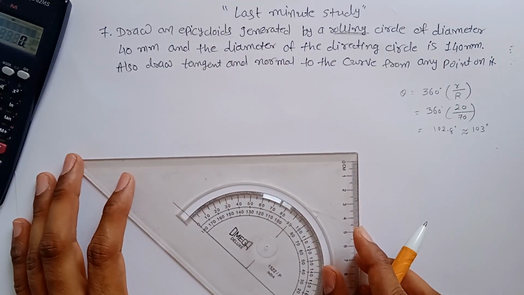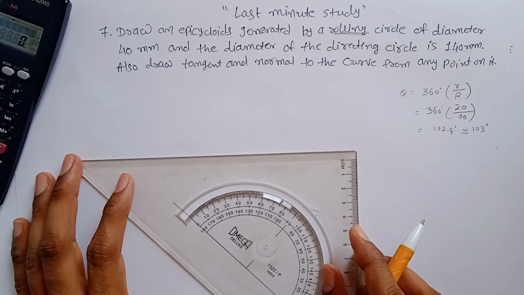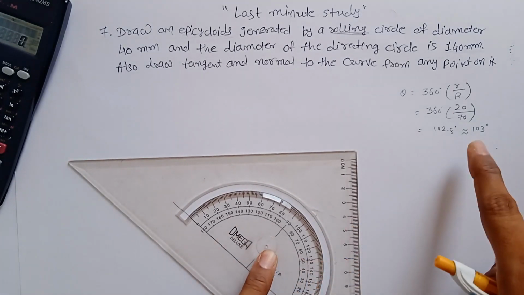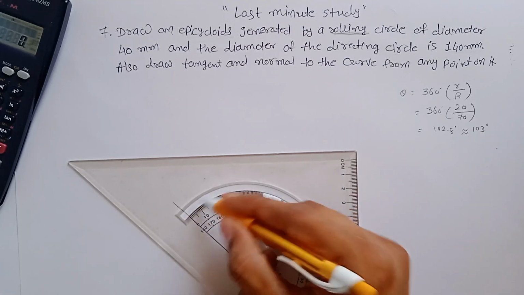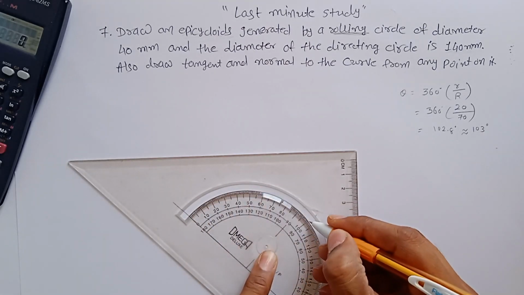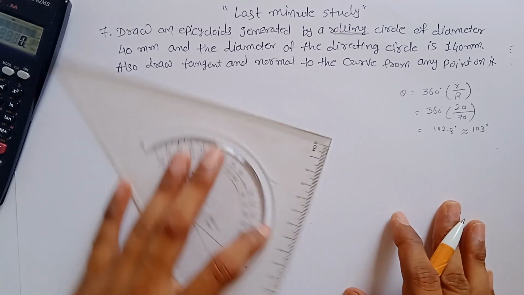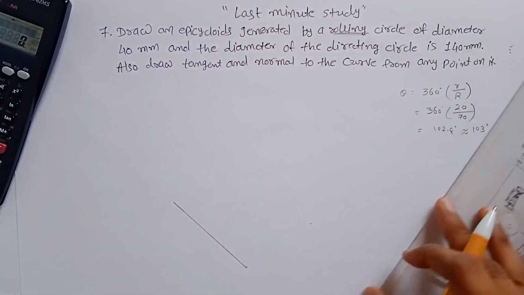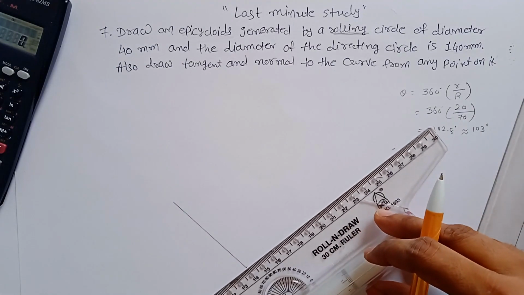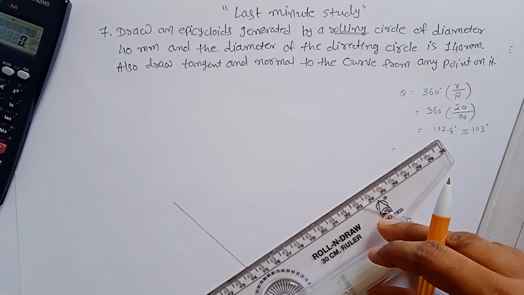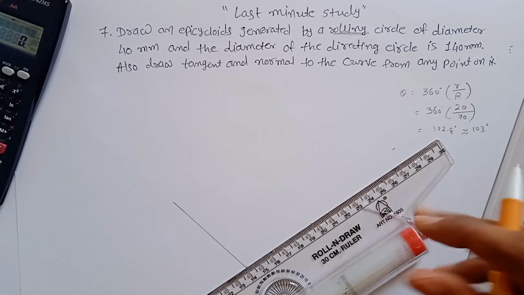Now put the pointer over here and measure an angle of 103 degree from this. Again you have to draw a line at 7 centimeter.